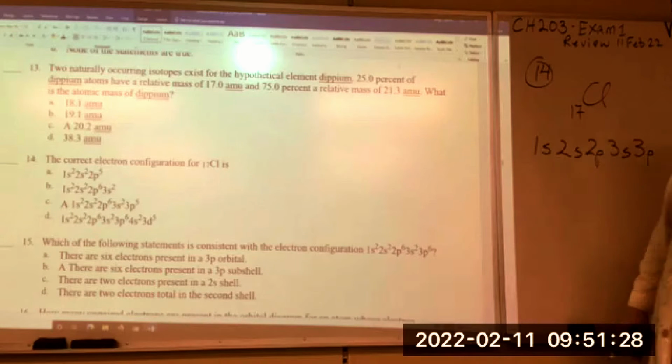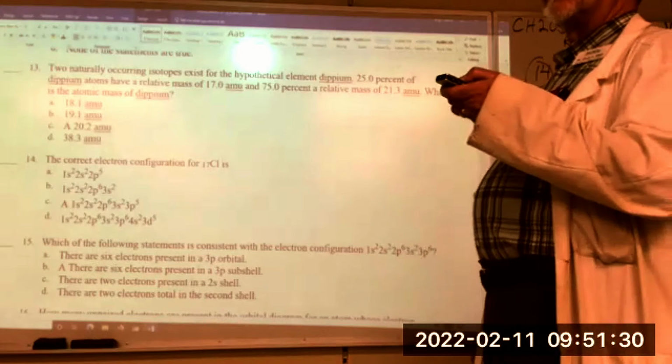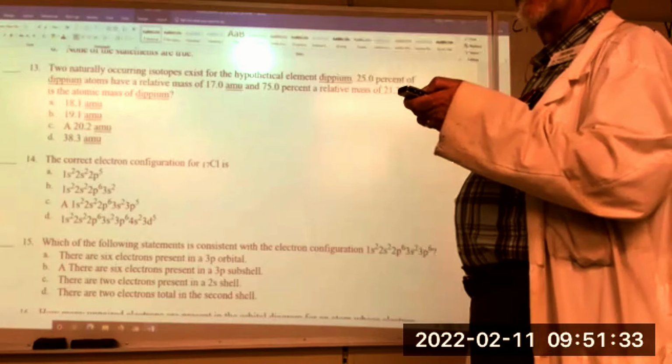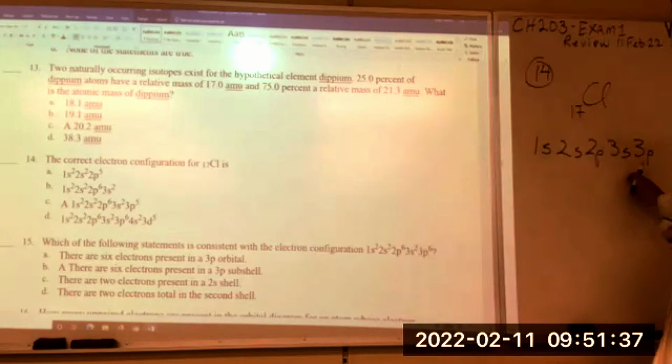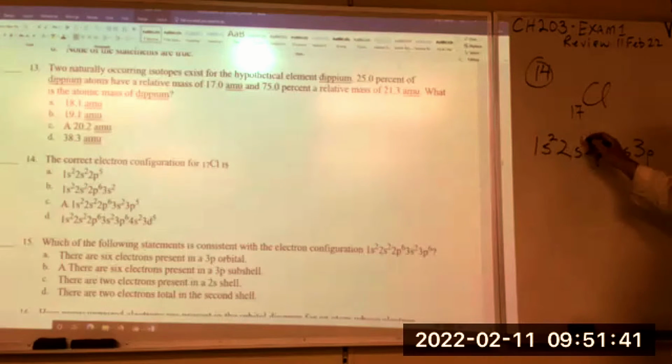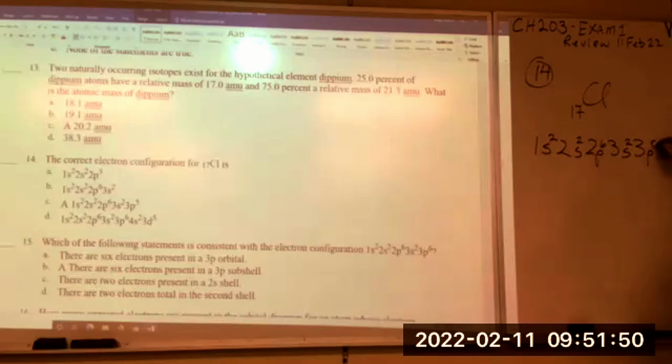Let's see, we can use our periodic table. There's 3s, 3p. Okay, that's all we're going to need. Right up to there. So this would have 2 in the s's, 2 in the s's, 6 in the p's. That's 10 of them already. So we need 7 more. 2, need 5 more. That's it.